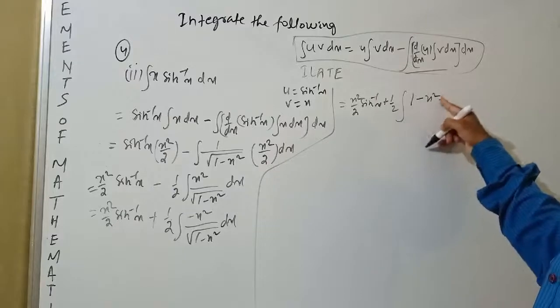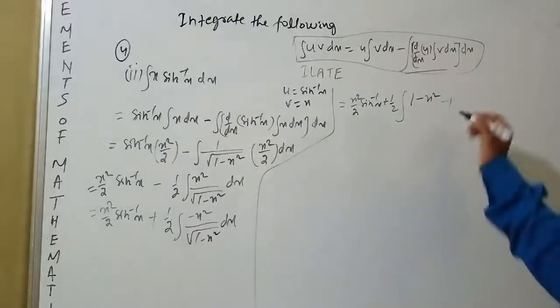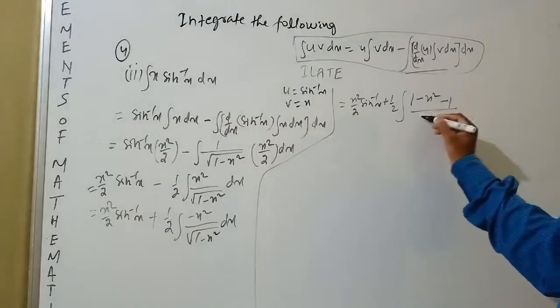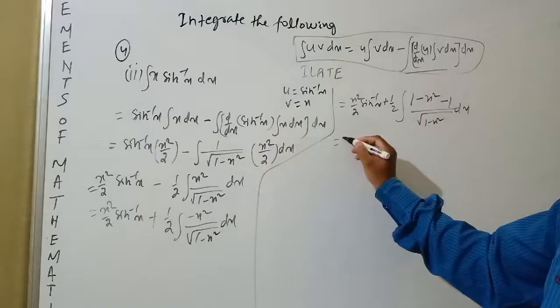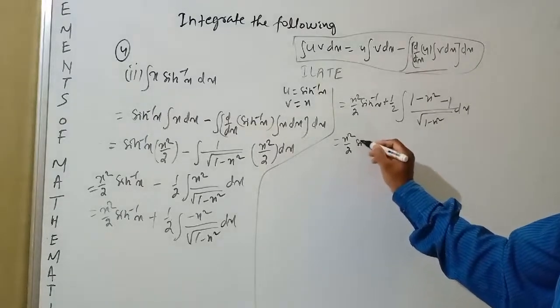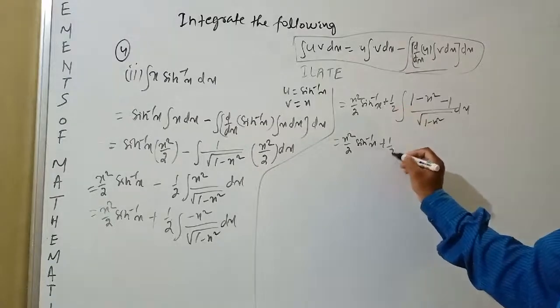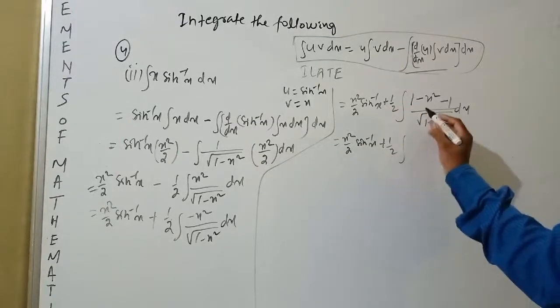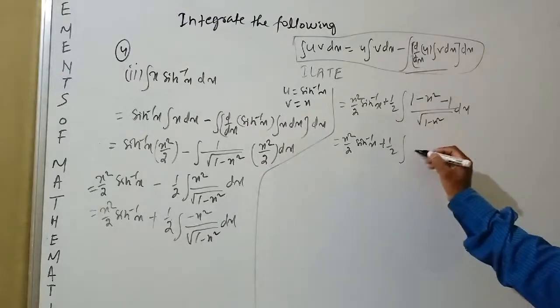Okay, integration of 1 minus x square minus 1, with 1 added and 1 subtracted, by root over 1 minus x square dx is equal to x square by 2 sine inverse x plus half integration of 1 minus x square by root over 1 minus x square.